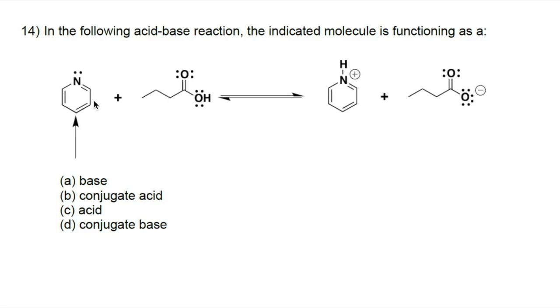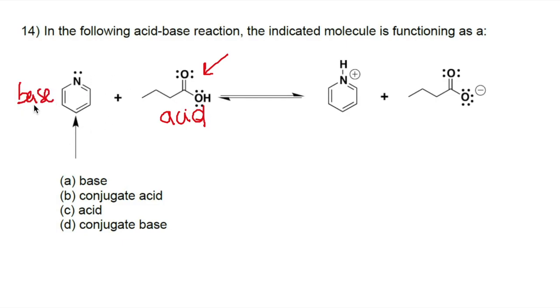In this reaction, we need to identify the species. So maybe you can identify what's happening, or you can simply realize that this species right here, the functional group, is a carboxylic acid. The carboxylic acid is the most acidic functional group, so that's usually going to be your most acidic molecule, and the acid always reacts with a base.